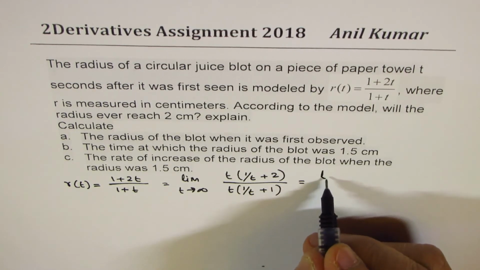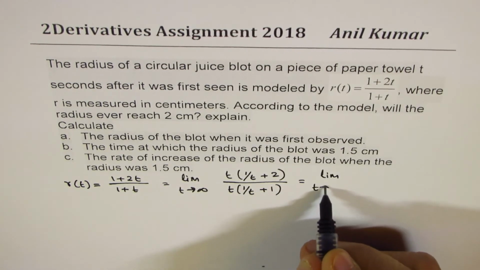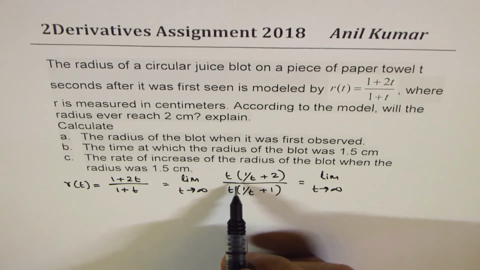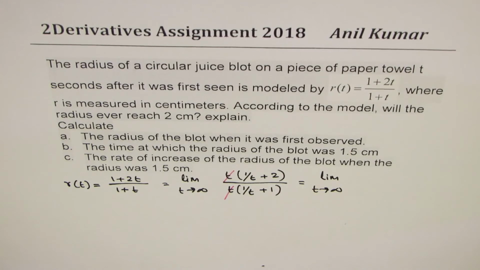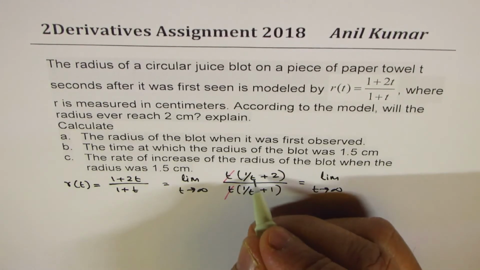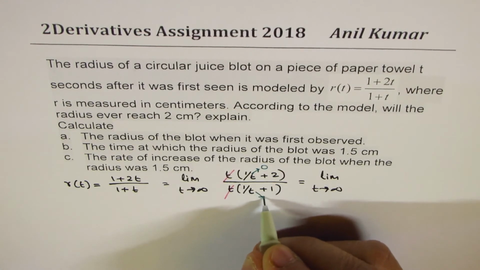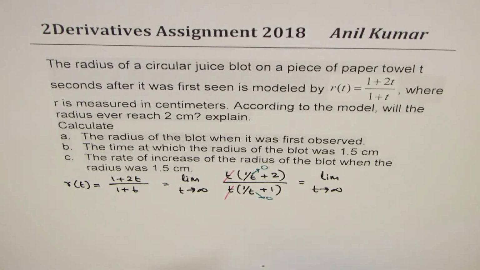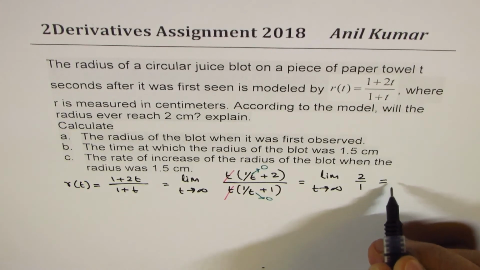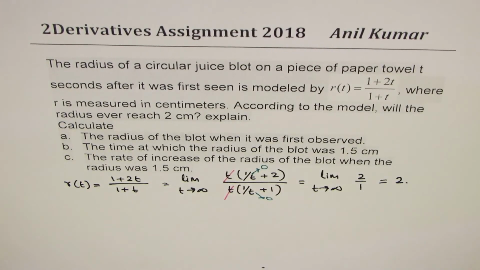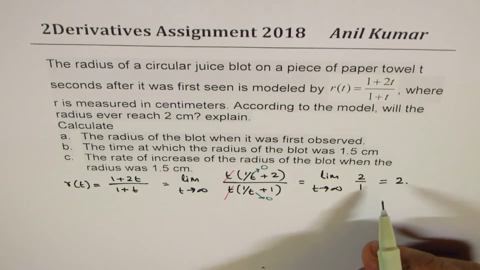So what are we left with? We are left with 2 over 1, which means we are approaching 2, but we are not quite there.